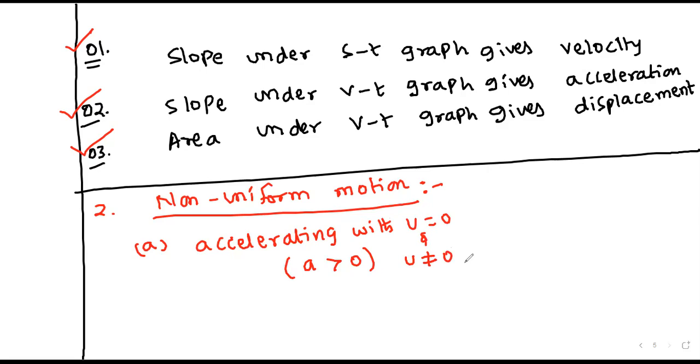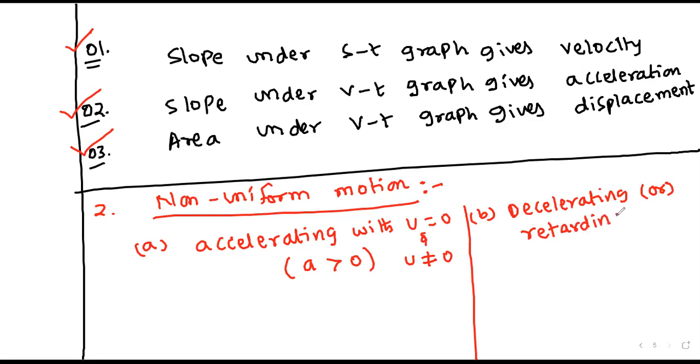Next, the second one is decelerating or retarding. Retarding means negative acceleration, that is acceleration less than 0, with initial velocity 0 and initial velocity not equal to 0.